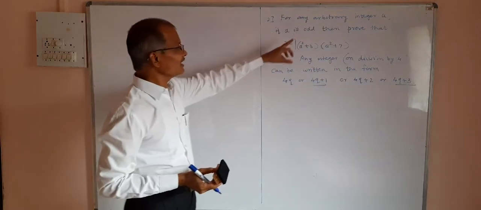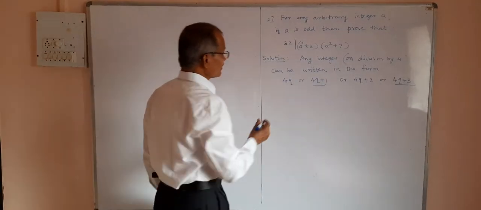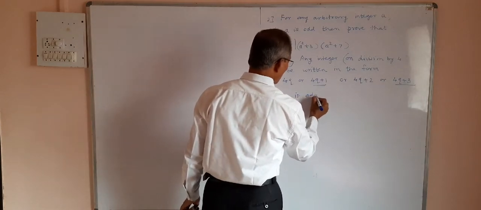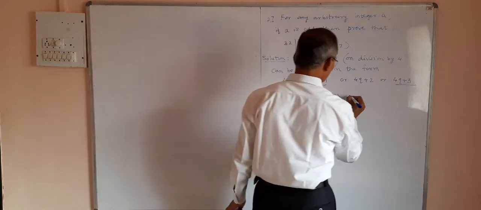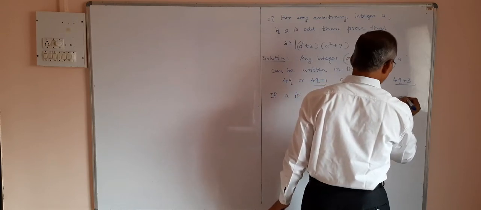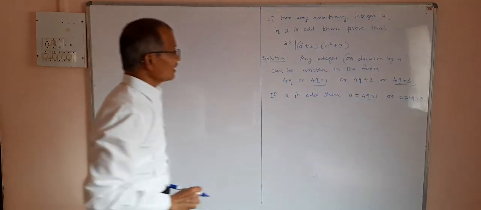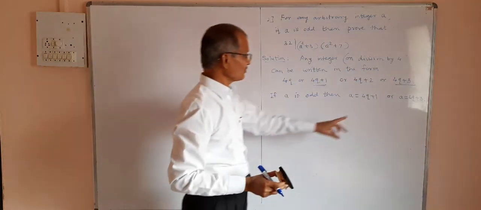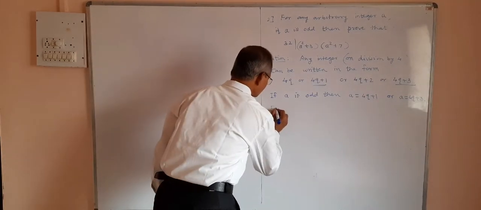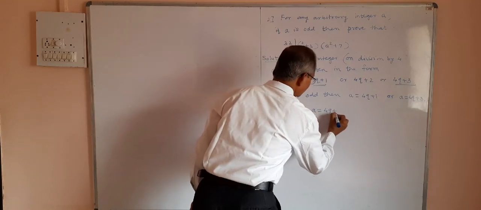So if A is odd, then A is equal to 4q plus 1 or A is equal to 4q plus 3. One of these. Now we have to consider these two separately. First, let A be equal to 4q plus 1.